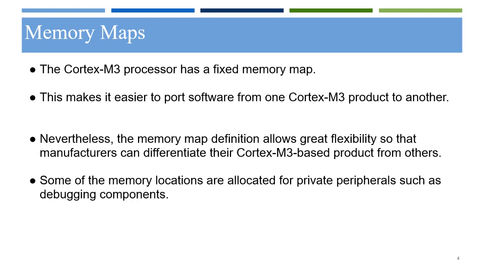This memory map definition allows great flexibility so that manufacturers can differentiate their Cortex M3 based products from others. Some of these memory locations are allocated for private peripherals such as debugging components, located in the private peripheral memory region.